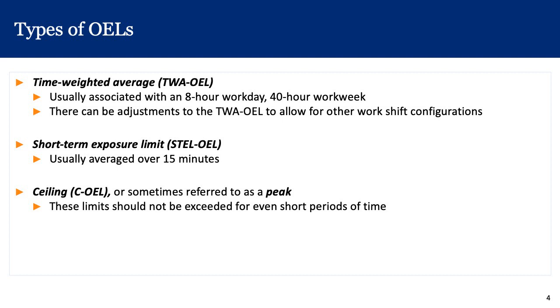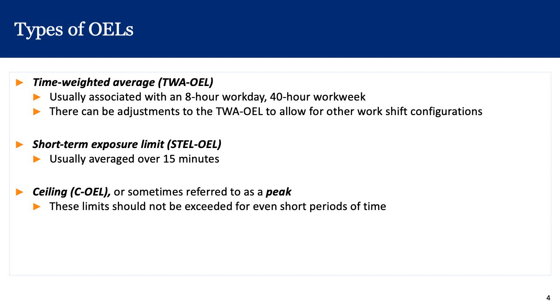And this particular OEL can also be adjusted a little bit to allow for other work shift configurations. For example, you can adjust it to account for a 10-hour workday or even a 12-hour workday, or is it a day shift or night shift? So those kinds of adjustments can be made to the time-weighted average OEL, and it is specific to managing chronic exposures.